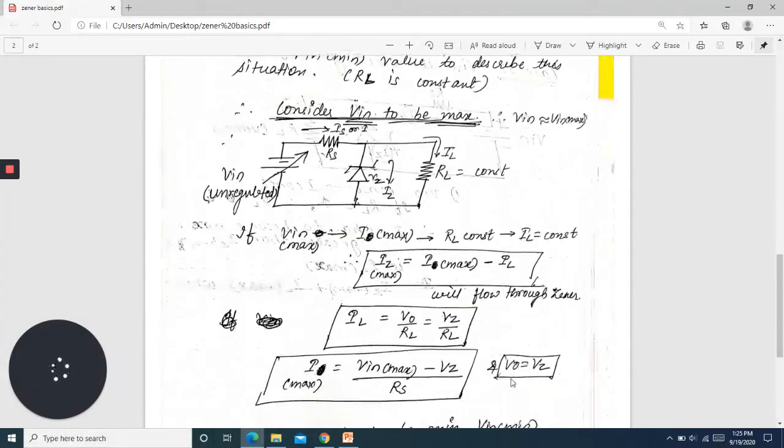Now here in this case, when Vin is maximum, what will happen when Vin is maximum? The total current I will also be maximum. So I gets changed to I maximum. I am only changing the notation, even though the current is the same, just for the understanding purpose to solve the problem.